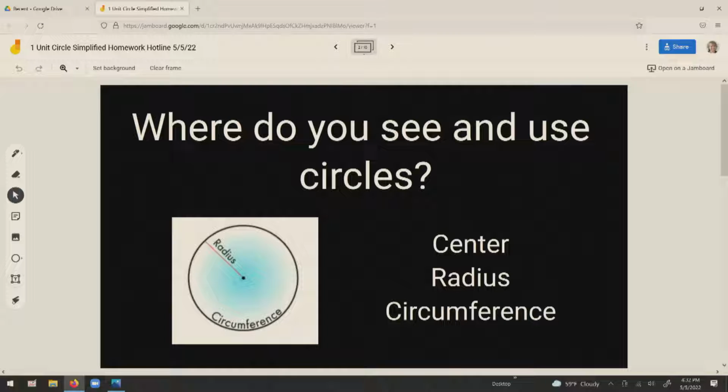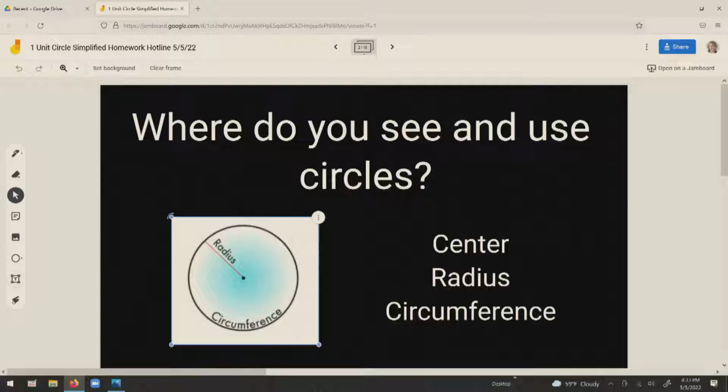On every circle, there's always a center. Every circle has a center. And then every circle has a line. It might be an imaginary line, but it goes from the center to the outside of the circle, and that is called the radius. It's like a spoke of one of your bicycle wheels, right?